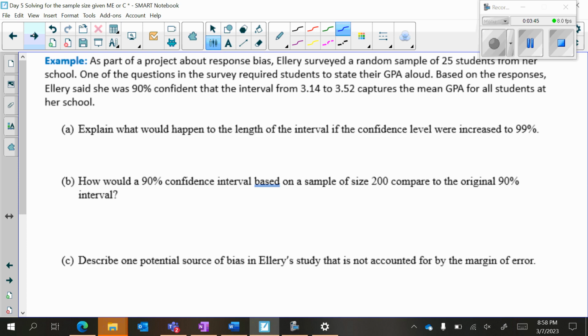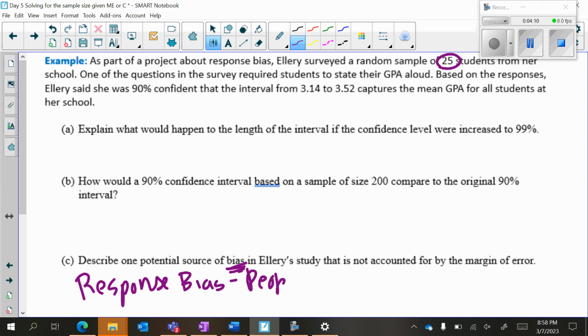So here's an example. As part of a project, Ellery surveyed a random sample of 25 students, so that's her n. One of the questions she asked was, what's your GPA? She asked them to say their GPA out loud. I'm hoping you're already thinking this could be biased because people could lie, and that's called response bias. People probably feel judged, and they lie about their GPA.